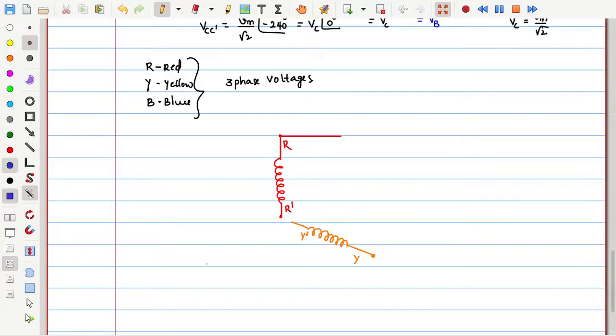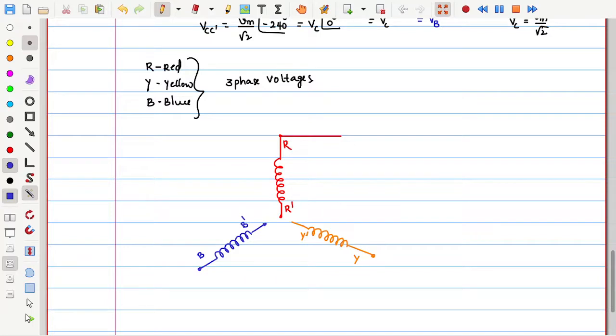And one more coil I am placing over here, which I will call the blue coil, which is B dash. These are the three coils.